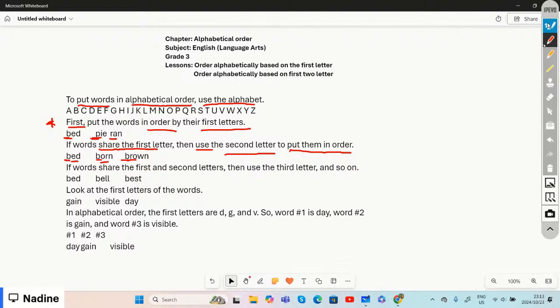Next, if the words share the first letter, maybe two B's or three B's, and then if we share the first letter and the second letter, then we use the third letters and so on, depending. Whenever they share the first letters, the second letters, the third letters, and so on, then we just look at the next letter.